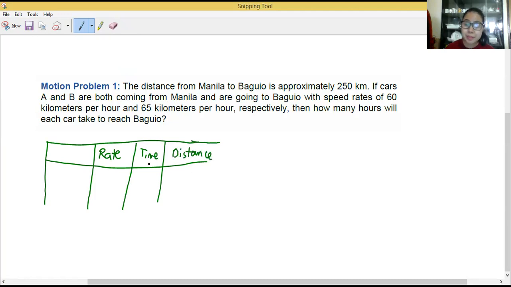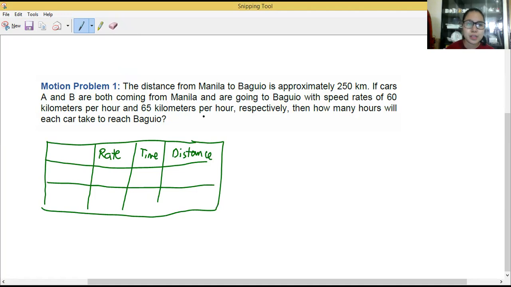We start by asking ourselves, what moving objects are involved? If we read the problem again, we know that we have cars A and B. Therefore, our moving objects are car A and car B.